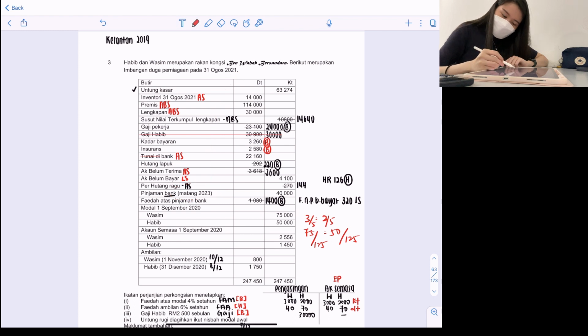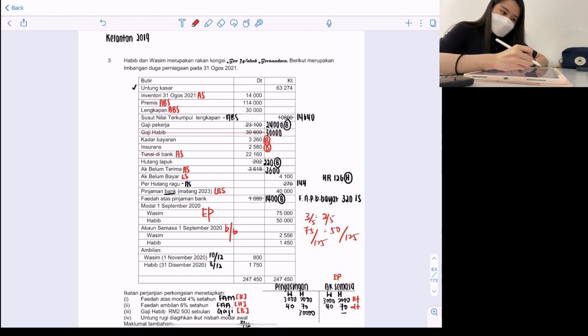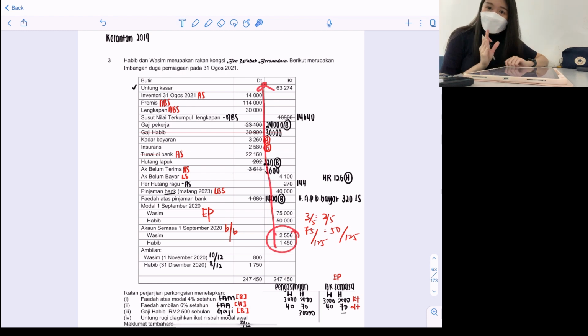Faedah atas pinjaman already labeled. Model is the equity pemilik, and do you see account semasa here? This is for your account semasa part as baki BB later on, and there is no labeling beside these two numbers. Why? Because this is an imbangan duga. They already put it at the credit column, so both of them will be on the credit side.